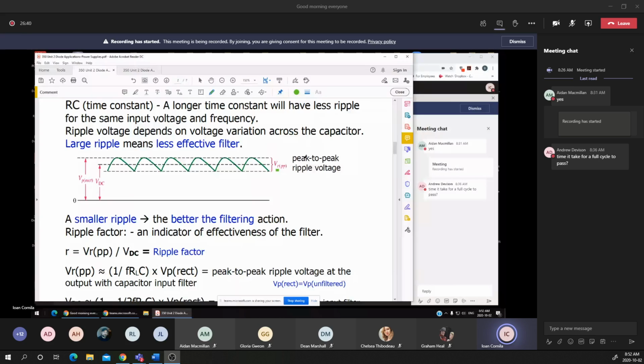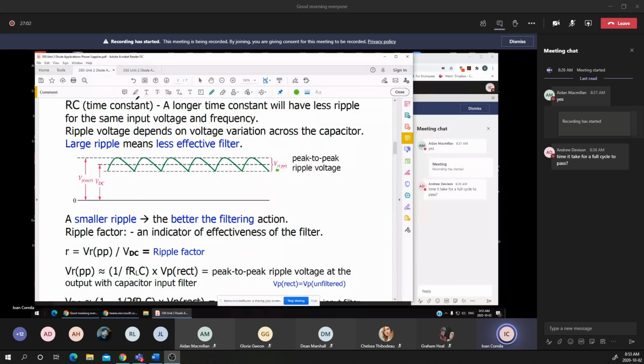Sometimes you will see PK dash PK, but it has the same meaning. Now the middle point is what we measure with a meter, and that's the VDC, or the DC component of an output voltage that has a ripple in it.